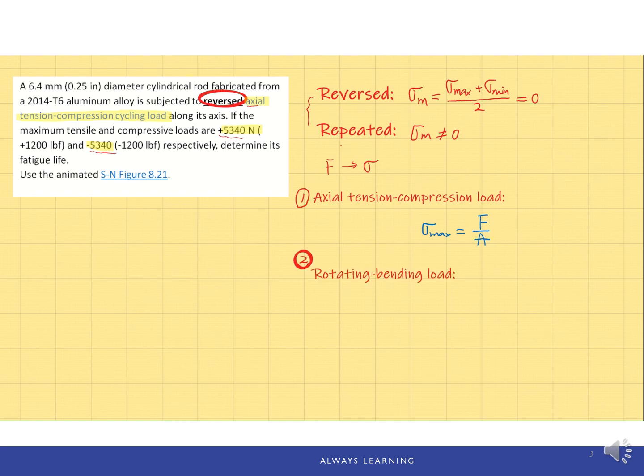Another type of load is from the rotating bending test. If the load is from the rotating bending test, then sigma max equals 16 F times L divided by pi d cubed, where F is the applied load, L is the distance between the supports and the load, and d is the original cross-section diameter of the rod.